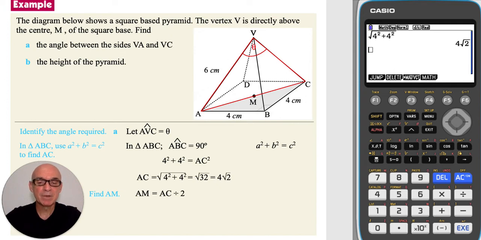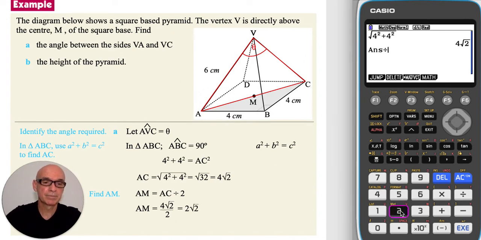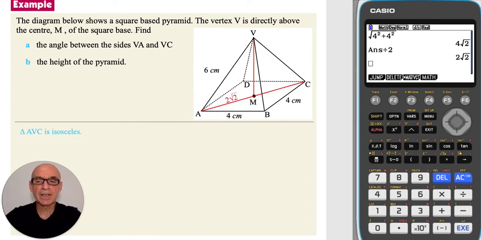Finding AM, which is half of AC, so dividing by 2 gives 2 square root 2. As triangle AVC is isosceles, angles AVM and CVM will be equal.